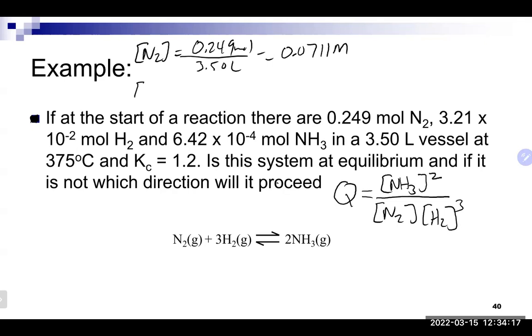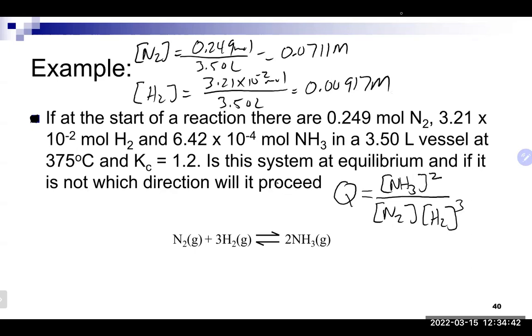We could do the same thing for H2, which would be 3.21 times 10 to the minus 2 moles per 3.50 liters, and that gets us 0.00917.